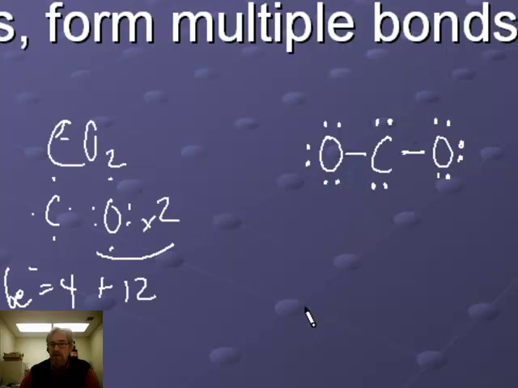So if this happens, what you want to do is erase a pair from each of 2 adjacent atoms. So in other words, atoms that are bonded to each other, and then put another bond in between so you can maintain stability. So now this oxygen still has a full octet, 2 here, 4, 6, 8, and so does this carbon, 2, 4, 6, 8. Still stable, but now the electron count has been diminished.